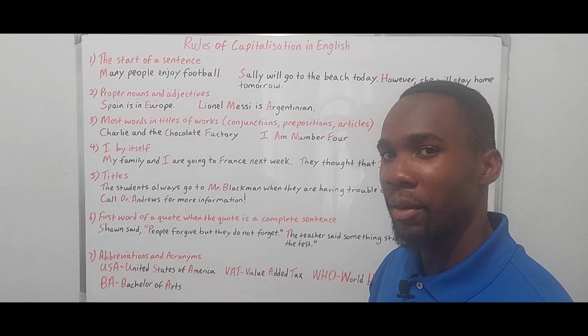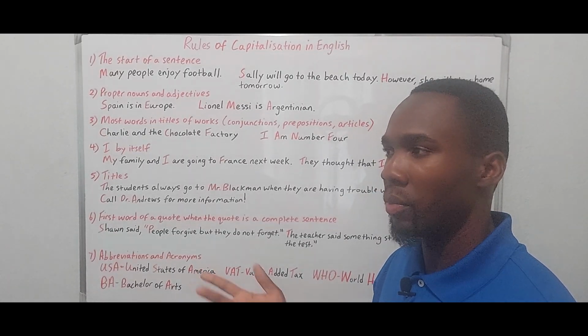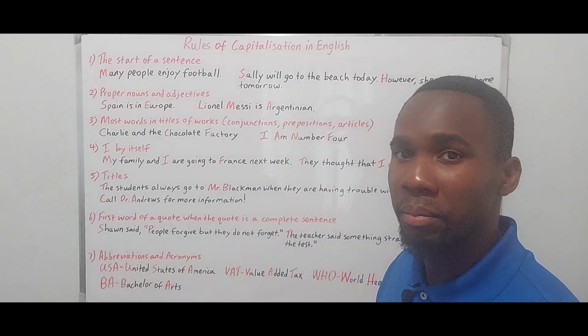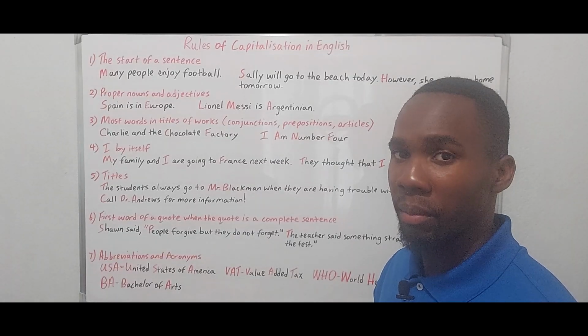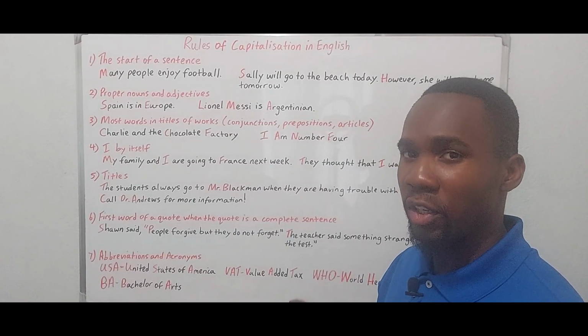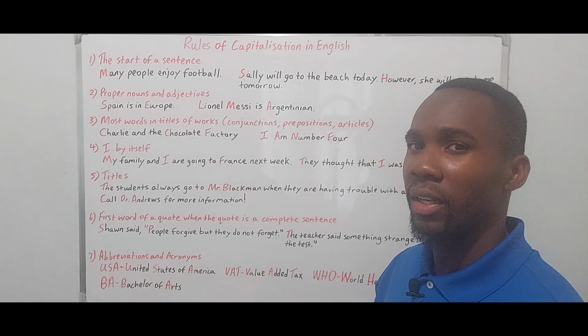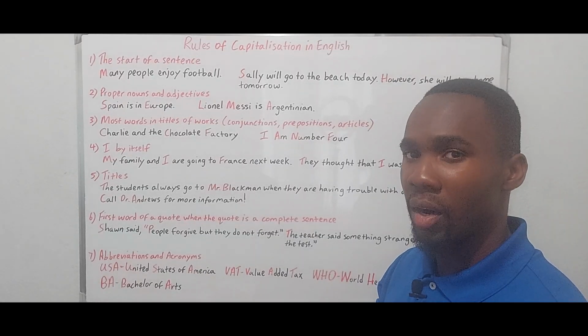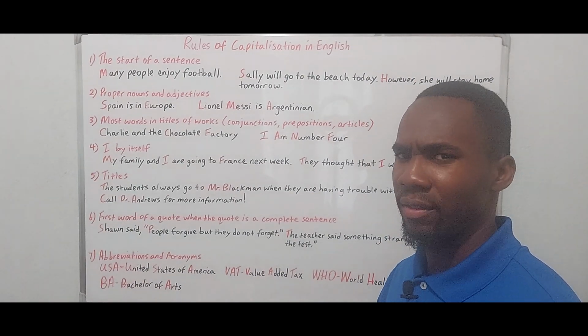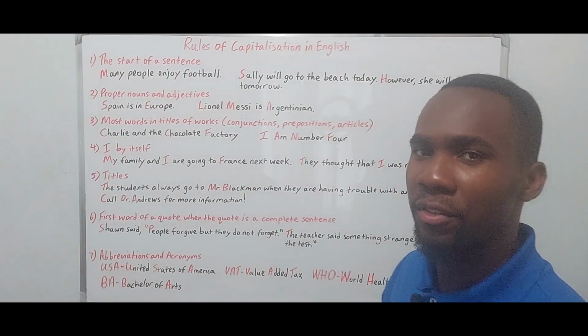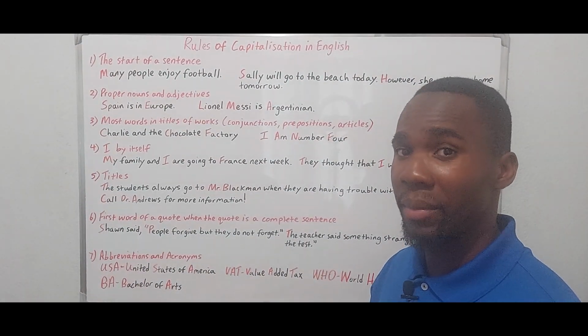I'm going to visit Mom tomorrow. Or I'm going to visit Mom, period, right? That Mom will be capitalized. But if I use it as a common noun, I would say I am going to visit my mom tomorrow, right? So I hope that you understand the difference there when it comes to family titles.